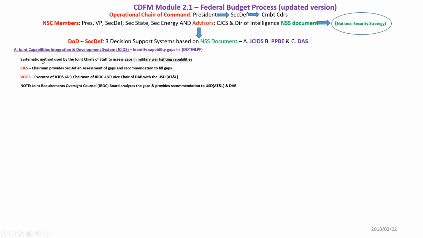So this is a systematic method used by the Joint Chiefs of Staff to assess capability gaps in military warfighting capabilities. Remember, the Chairman of the Joint Chiefs of Staff provides an assessment of those capability gaps, and once JCIDS is completed, there's a recommendation on what needs to be done to fill the gap.